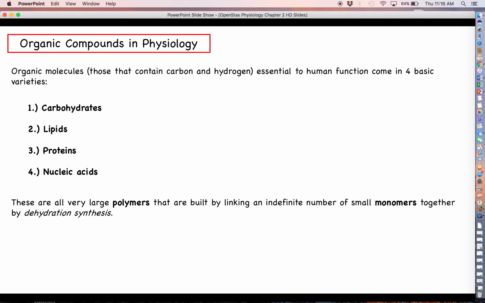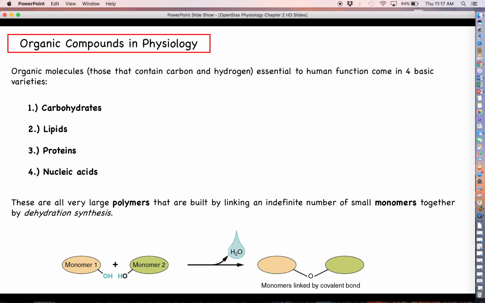A polymer is a very large and very long molecule that is made up of individual repeating units called monomers. We talked about monomers before. Monomers are put together to form polymers by repeated dehydration synthesis reactions. Remember how we talked about that before?